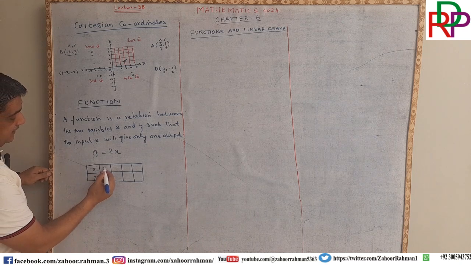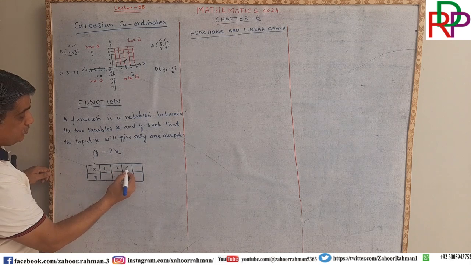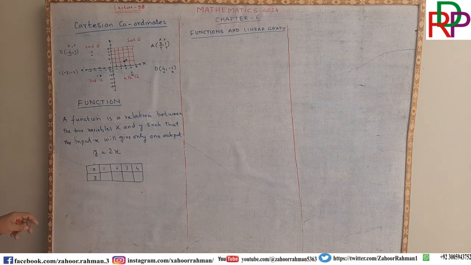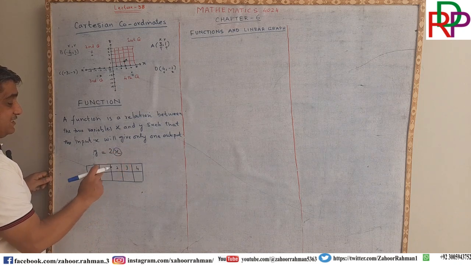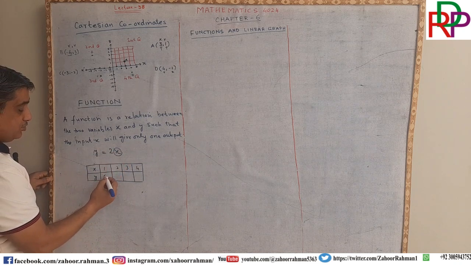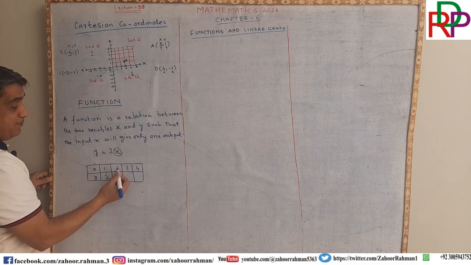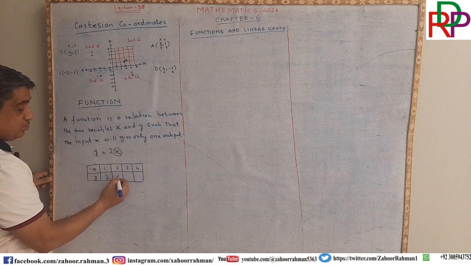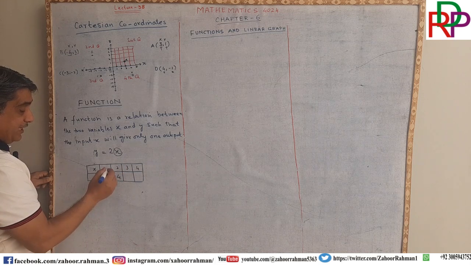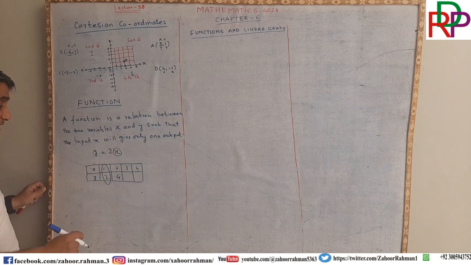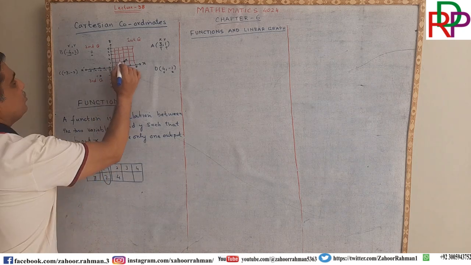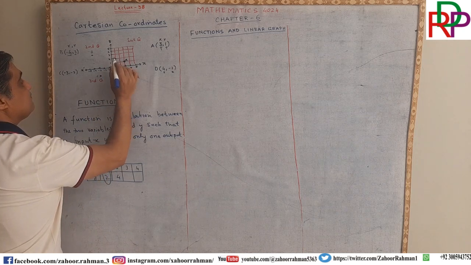I am giving inputs 1, 2, 3, 4 for your understanding. So if we put x is equal to 1, 2 ones are 2, so y will be equal to 2. If we input 2, 2 twos are 4, so y will be 4. So one pair of points is 1 and 2, which is this one.